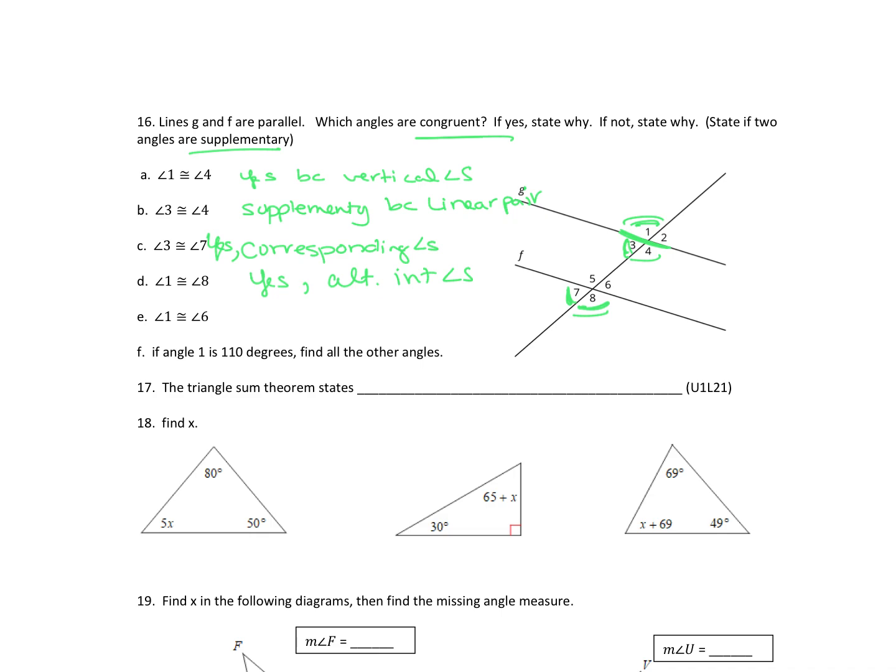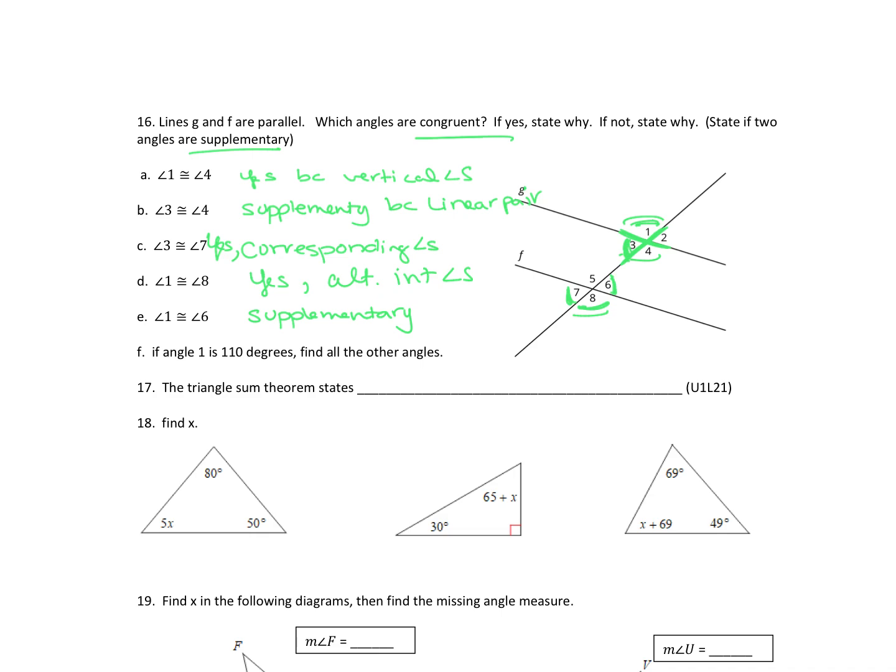1 and 6. Now 1 and 6 don't have a relationship, so I need to figure this out here. First of all, 3 and 6 are alternate interior, and 1 and 3 are a linear pair, which are supplementary. So that's one reason I would know that angles 1 and 6 are supplementary.